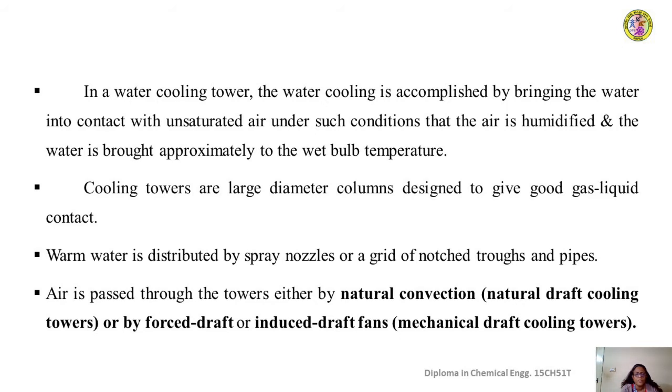The hot water, initially at a temperature higher than the wet bulb temperature of air, is brought into contact with air inside the tower. Since the air is unsaturated, evaporation takes place rapidly and the water gets cooled to a temperature approximately near the wet bulb temperature of air.